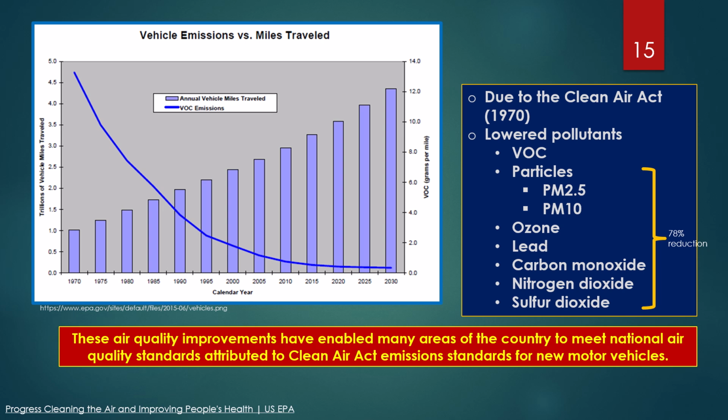This decrease demonstrates the success of the Clean Air Act of 1970 that lowered not only VOC levels, but also decreased by 78% PM 2.5 and PM 10 particles, ozone, lead, carbon monoxide, nitrogen dioxide, and sulfur dioxide. These air quality improvements have enabled many areas of the country to meet national air quality standards attributed to the Clean Air Act emission standards for new motor vehicles.